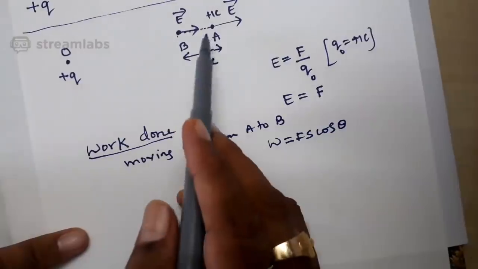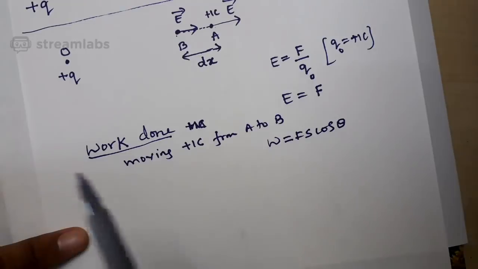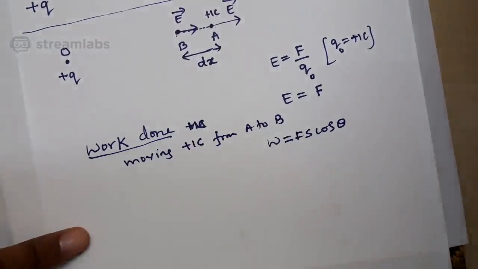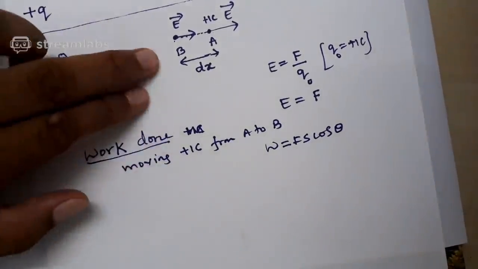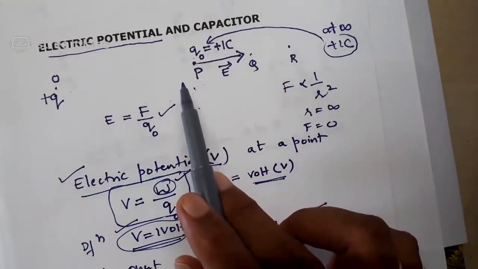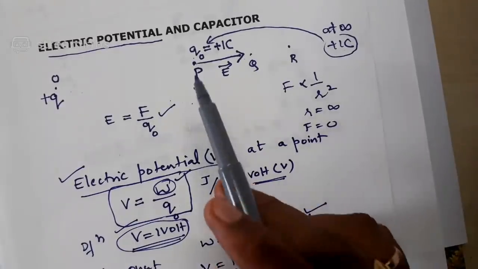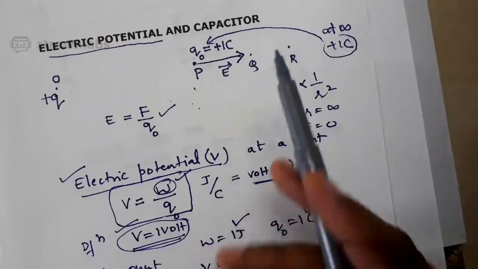When you are moving a plus 1 coulomb charge from A to B, my question to you is whether you are applying a constant force or a variable force. Compare this with moving the charge from infinity to a point P. That time also you are applying a force. Is it a constant force or a variable force that you are applying? It is a variable force.